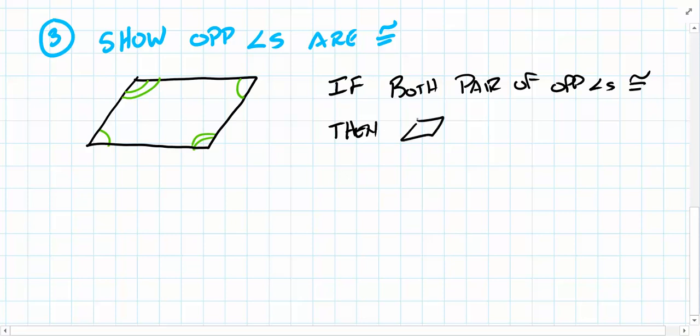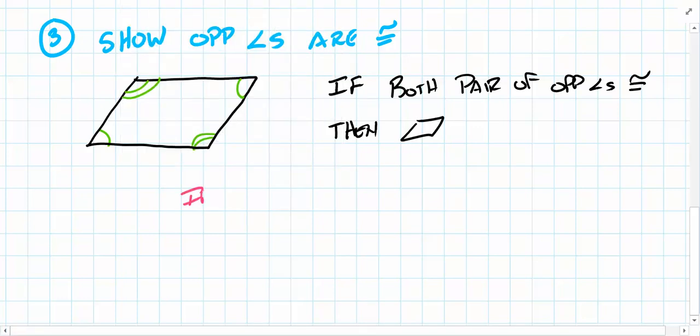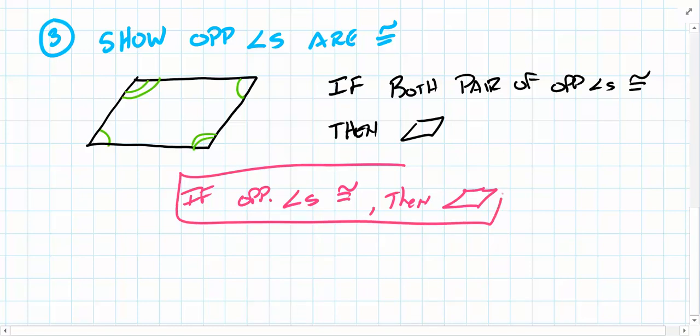And the way that we say it in the proof is this: if opposite angles congruent, then parallelogram. So this is the third way to show that a quadrilateral is a parallelogram.